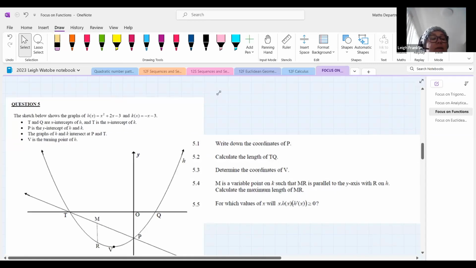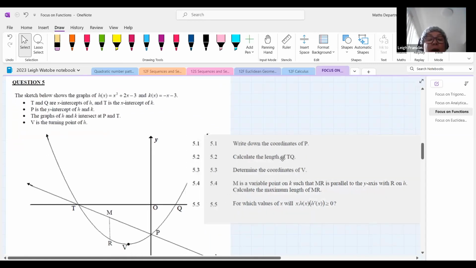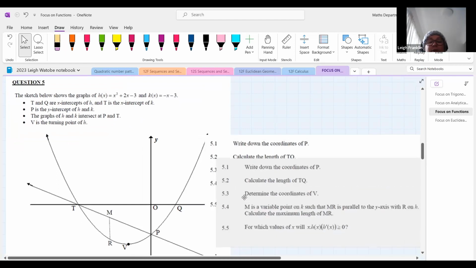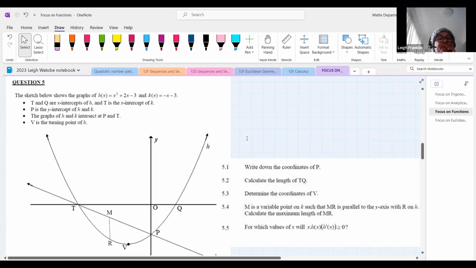They've given us the equation of h of x and of k of x. H of x is x squared plus 2x minus 3. And k of x is minus x minus 3. T and Q are the x-intercepts of h, and T is the x-intercept of k.